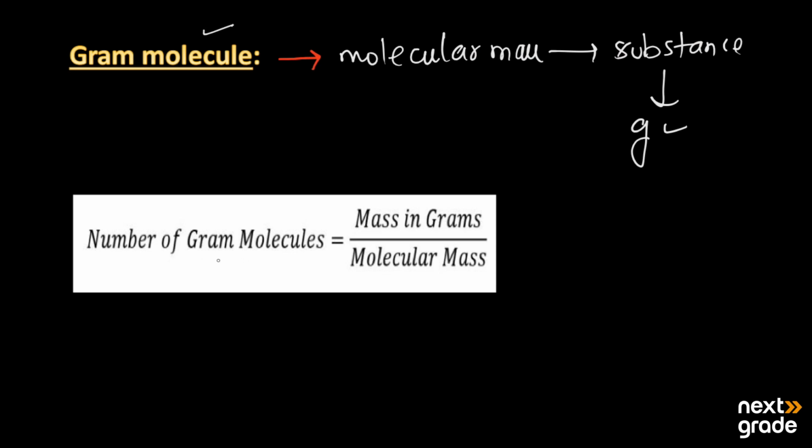So to find the number of gram molecules in any substance, we use the formula: mass in grams of that substance divided by the molecular mass. So we can easily find the number of gram molecules.